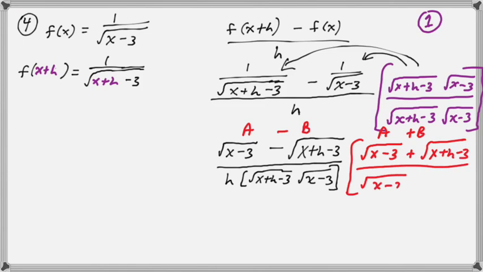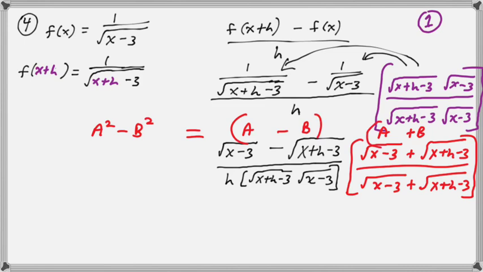Again, a fancy form of 1. A plus b times a minus b, I really hope you know that that would turn it into a squared minus b squared. That's kind of what's called the difference of squares. And those two are called conjugates.